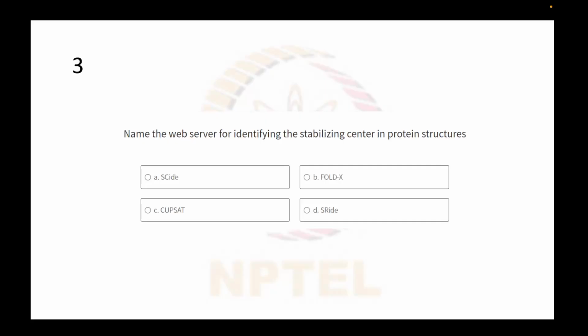So name a web server for identifying the stabilizing center in protein structures. So here most of these servers I have discussed already, but there is one particular program, SCide.